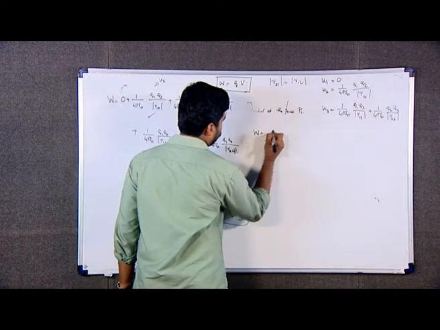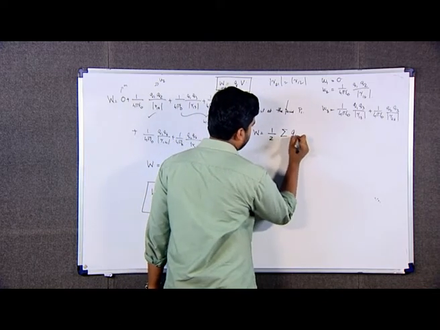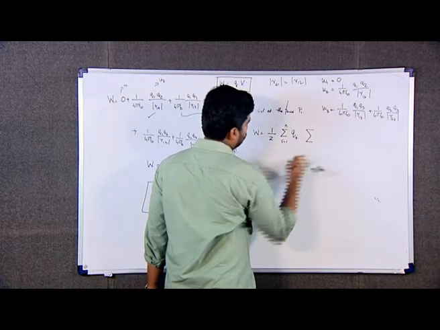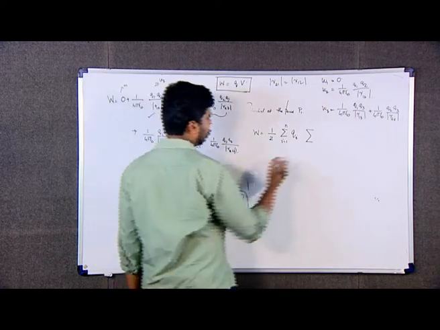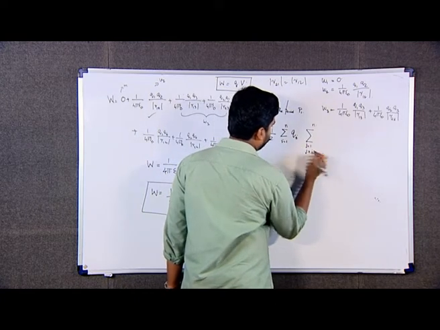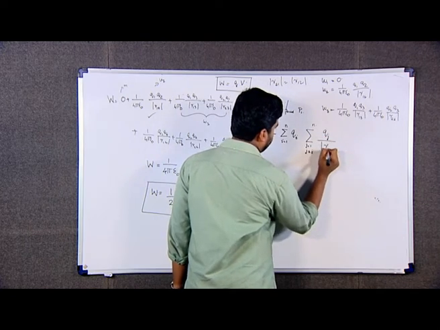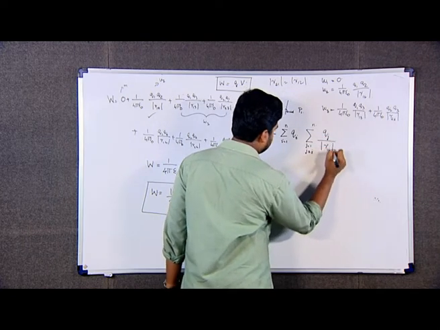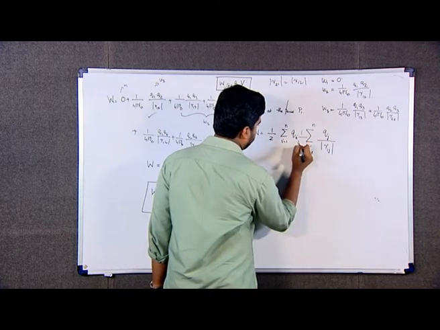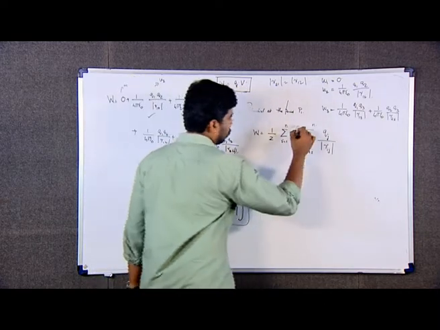W is equal to half into sigma q_i, where i runs from 1 to n, and you are just separating the summation, which is sigma j is equal to 1 to n, j not equal to i, q_j into 1 by 4 pi epsilon 0 into modulus of r_ij. So, what is this term actually?